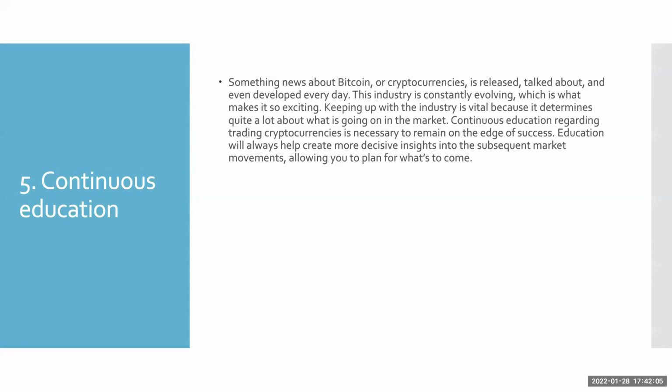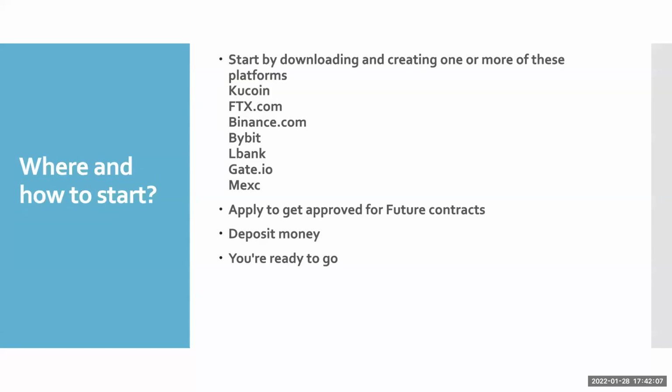That can help you. Now, how do you start trading? If you have not already, here are platforms you can use to trade futures: KuCoin, FTX.com, Binance.com, Bybit, LBank, Gate.io, and MEXC. I put FTX.com and Binance.com because they have FTX.us and Binance.us where you're not able to trade futures.